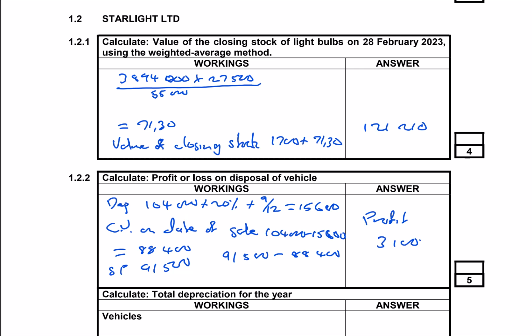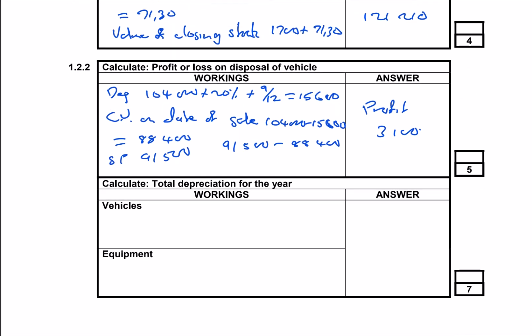Right, okay. Then moving on, calculate total depreciation for the year, vehicles. For vehicles, we have this already, calculated here: 15,600 on the disposed vehicle.